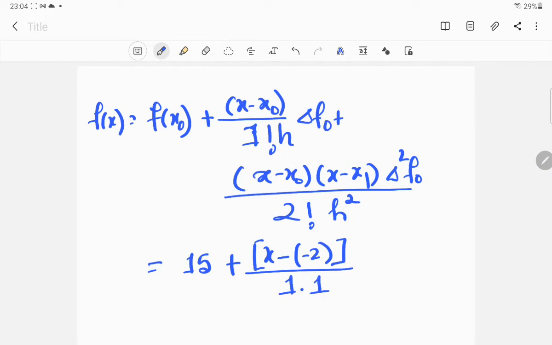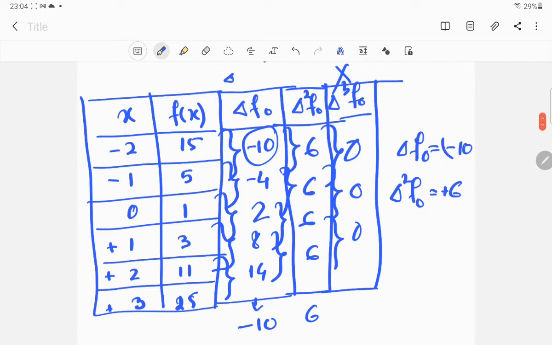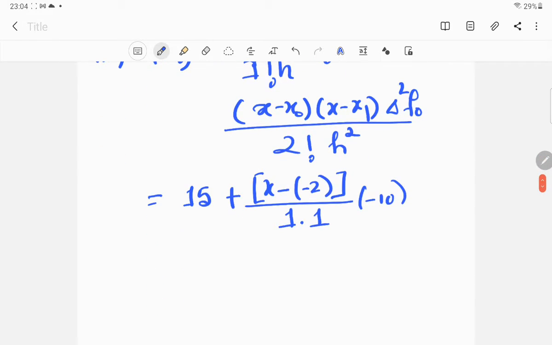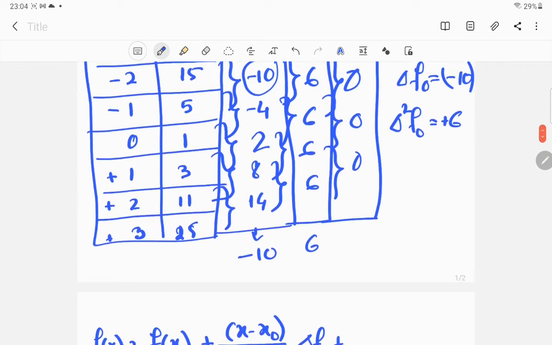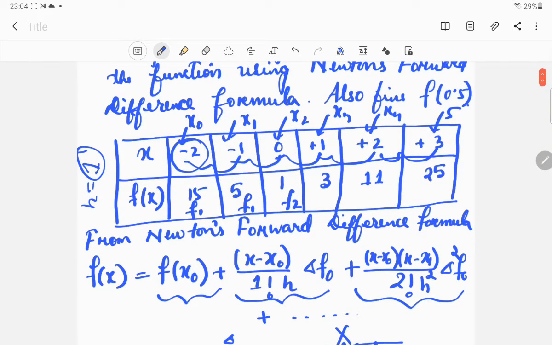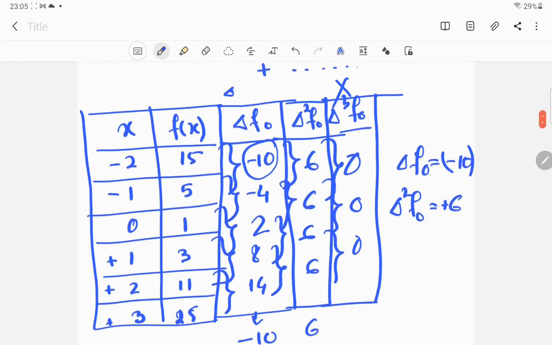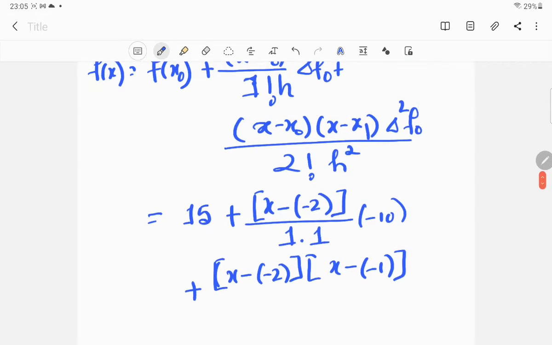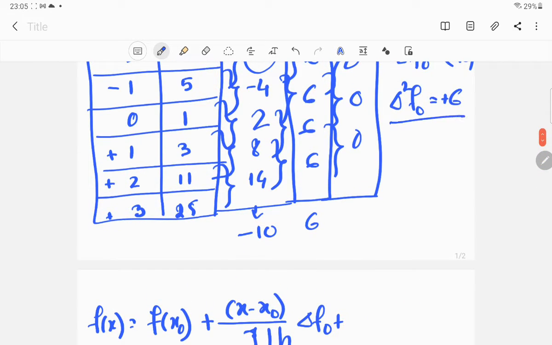And what is del f naught? Del f naught is nothing but minus 10. So it is minus 10 plus (x minus x naught), again minus 2. Okay, and then (x minus x1). What is the second value of x? Sorry, x1 is minus 1. So we have x minus 1. Okay, and what is del 2 f naught?